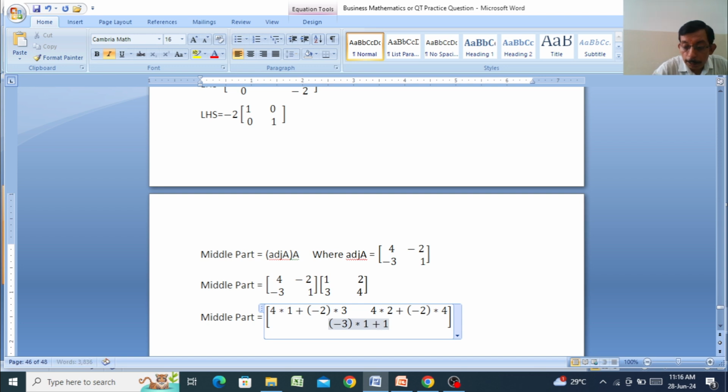The second row first column multiplication is complete. Now the second row multiplied by the second column: minus 3 multiplied by 2 plus 1 multiplied by 4.